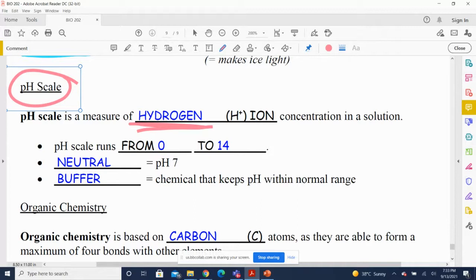I do think that I also mentioned really briefly at the end of that chapter organic chemistry, which is the field of chemistry where we're looking at carbon and hydrogen atoms. So we're interested in carbon and hydrogen.